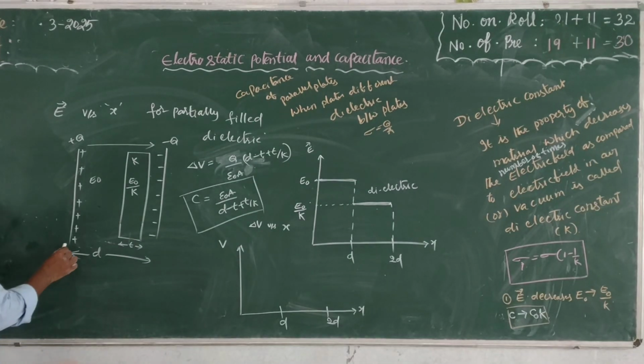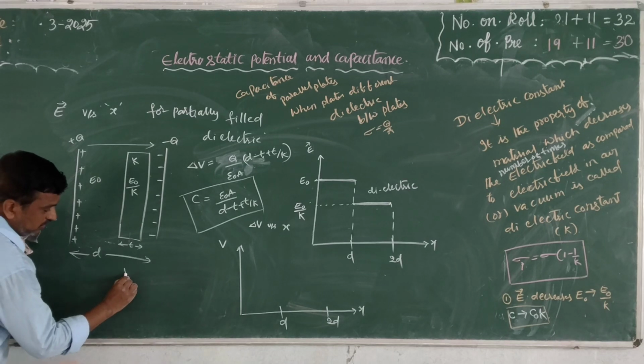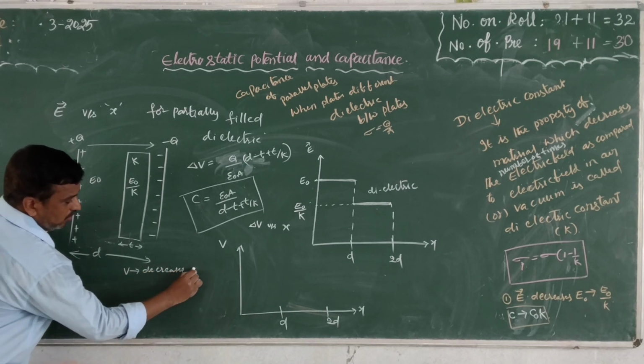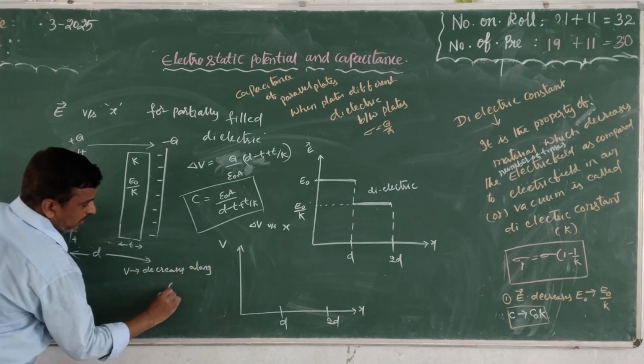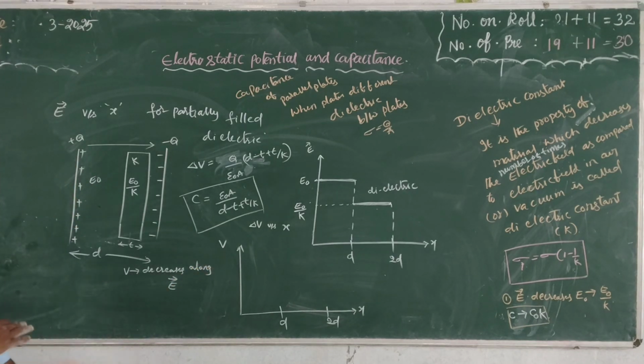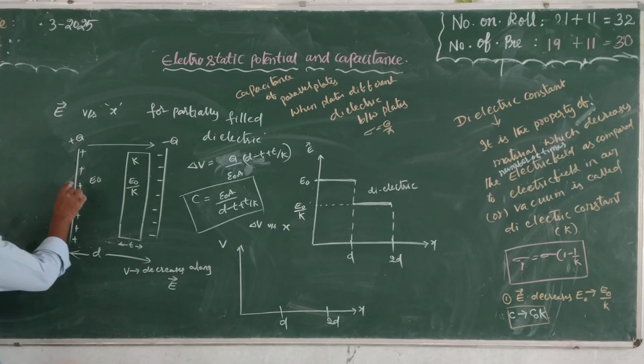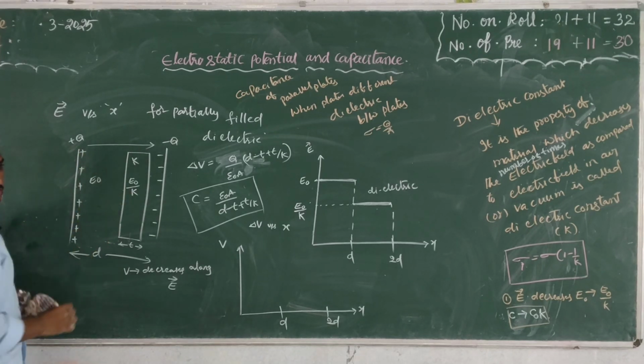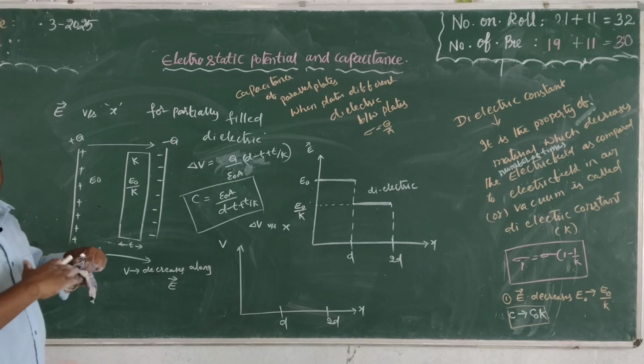Potential here is maximum. Along the electric field, the electric potential decreases. Here it is maximum, and it decreases from here to here.